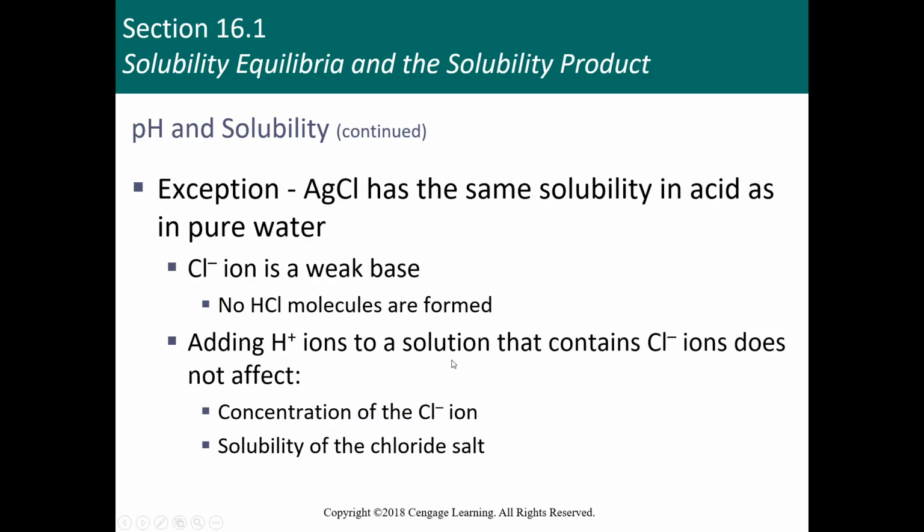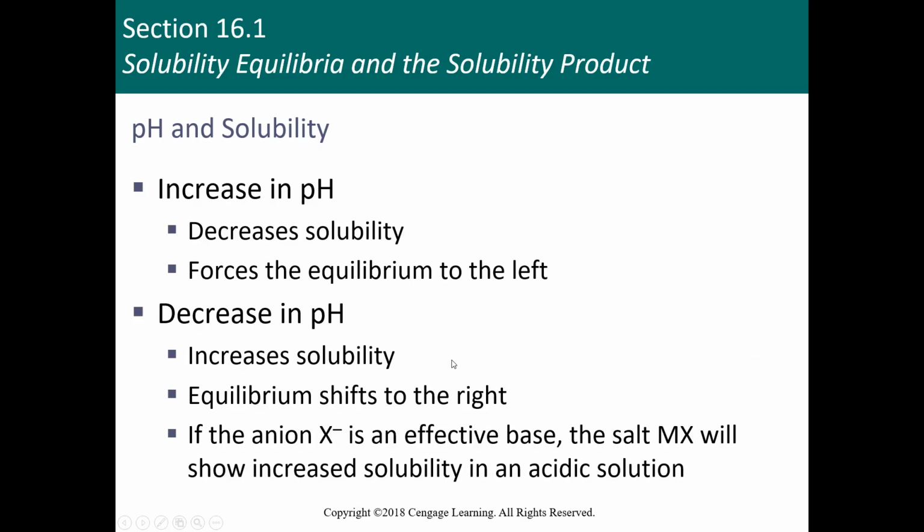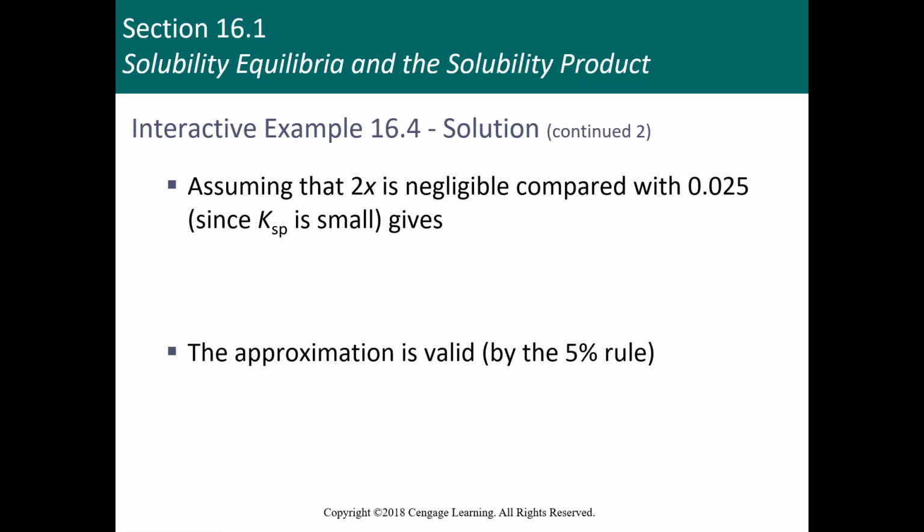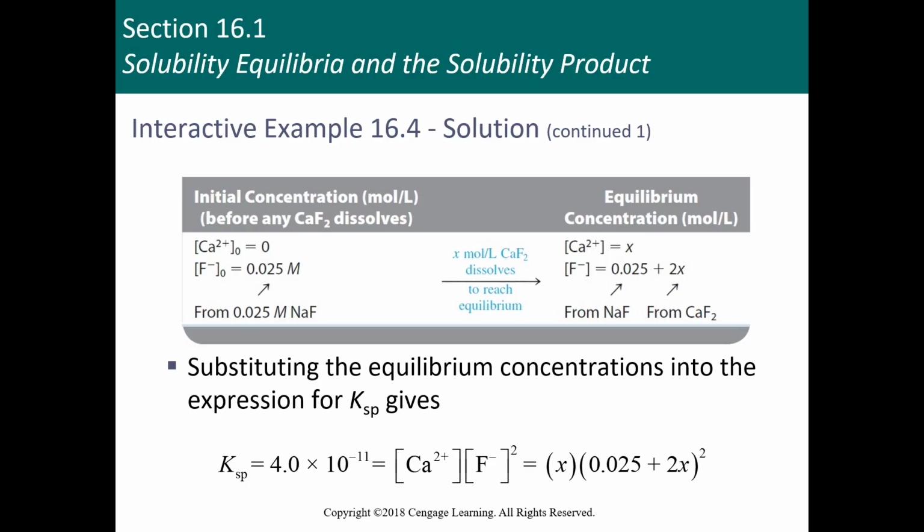Okay? The reason that most of the time decreasing pH increases your solubility is that most of these resulting acids will actually be weak acids. For example, here we have fluoride. If we combine that with H+, that would give us HF, which is a weak acid, which will mostly stay together, right?